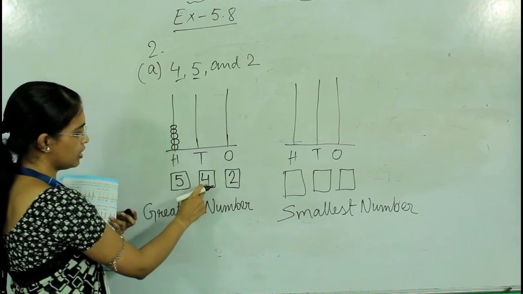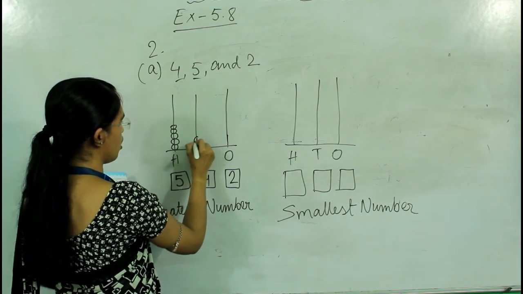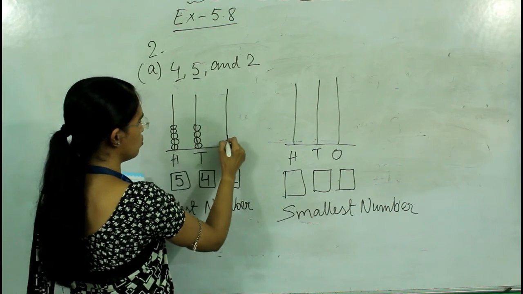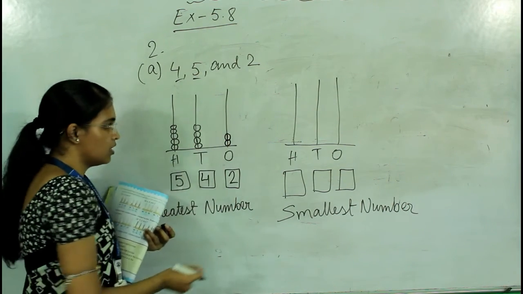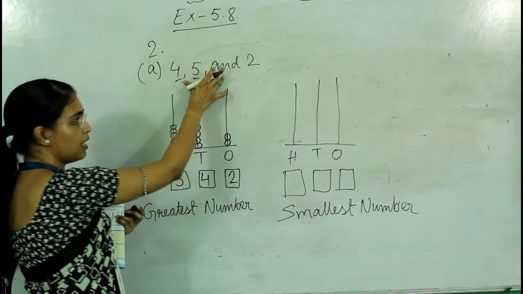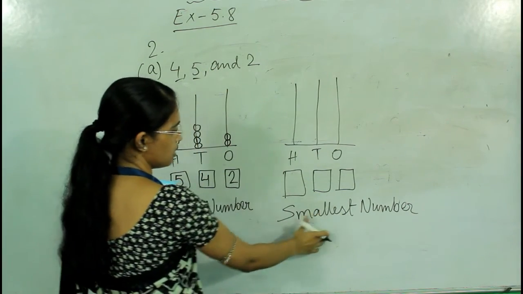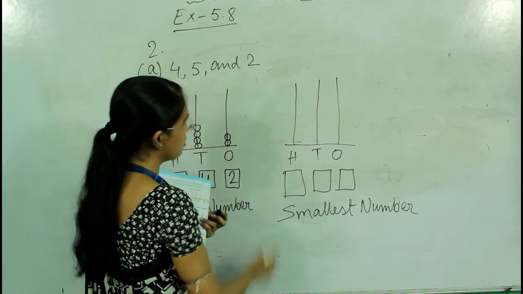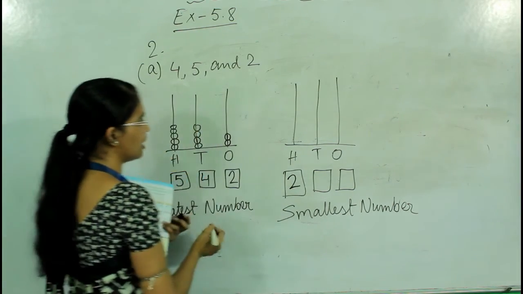In tens place we have 4. For the smallest number, put 2 in the 100s place.